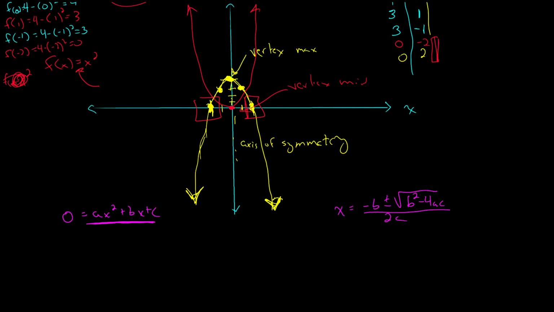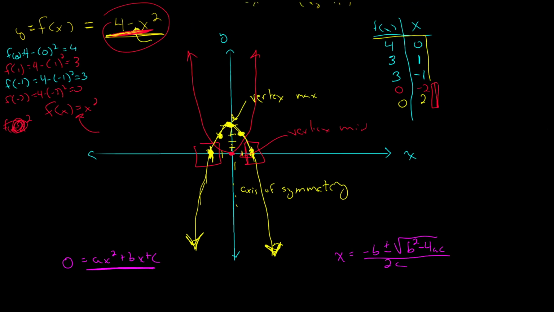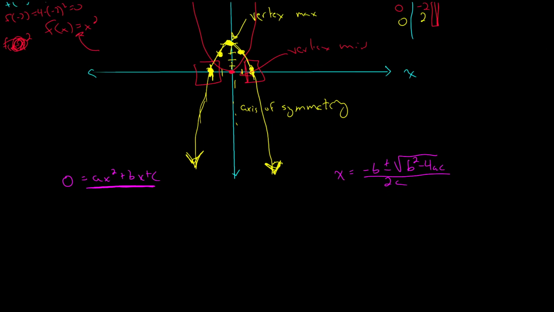Well, let's do that for 4 minus x squared. So we're going to look at 4 minus x squared, but we're going to ask when it equals 0. Well, notice when it equals 0, it's going to be the values that cross the x-axis. And so we are looking for these 2 points that cross the x-axis. And so we'll set this equal to 0, and I'm going to rearrange this. I'm going to put minus x squared out front, and I'm going to put plus 4.